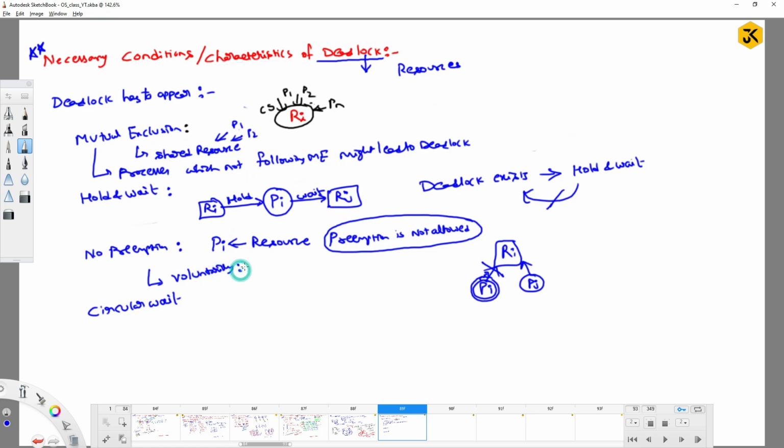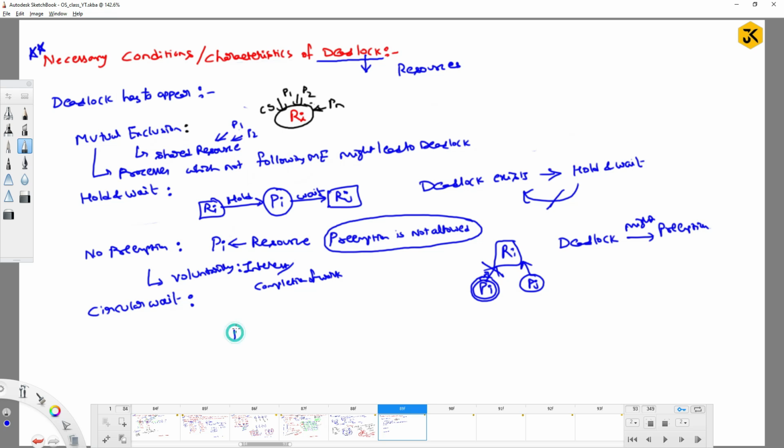It can do so by its own interest, or after the completion of its work it can voluntarily release the resource. So no preemption might not lead to deadlock, but if I say that there is a deadlock, there might be a chance of having no preemption of resources. That is what this principle is saying.